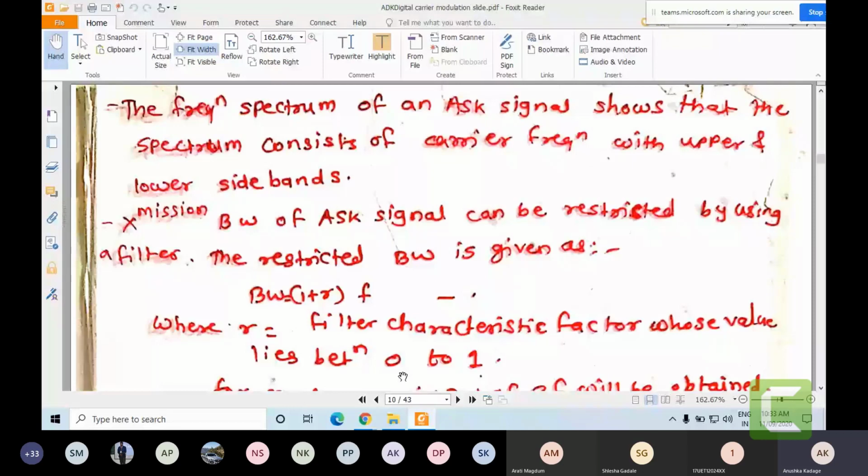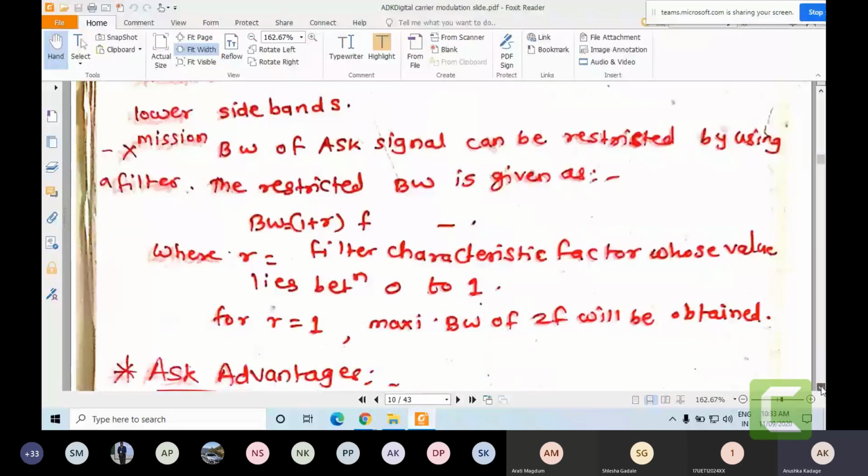And that's how this value of bandwidth will become more if this R value is 1, because it will become equal to twice F. That is what the value of bandwidth we have derived in the previous case for the ASK modulation output. That means the maximum bandwidth for ASK signal is equal to twice F, and that bandwidth is achievable only if your filter characteristic is better or filter designing is proper.